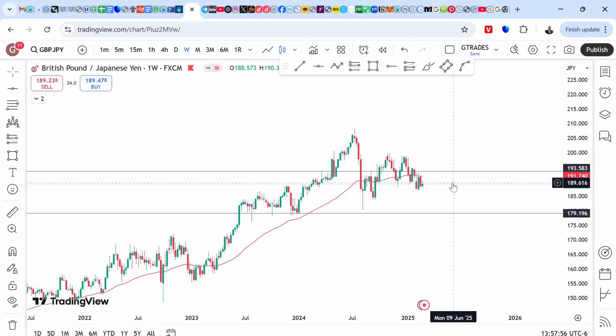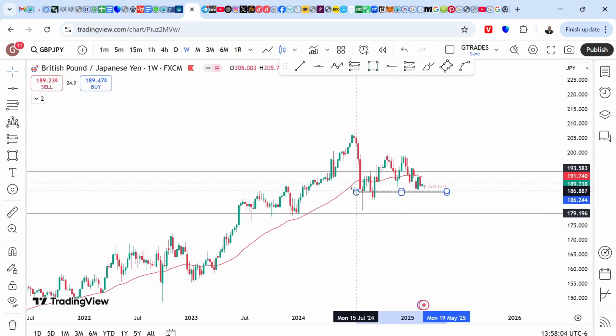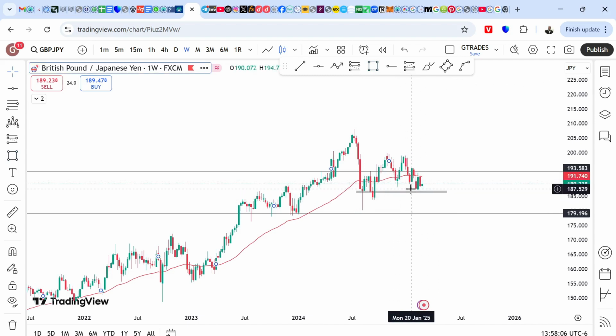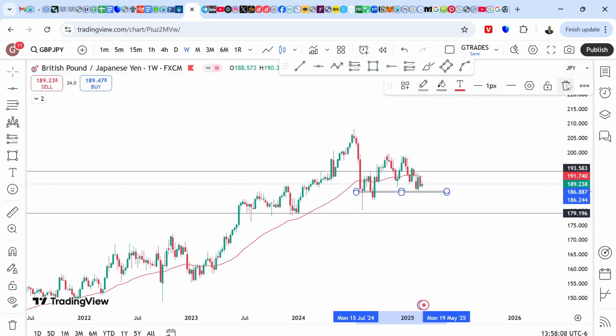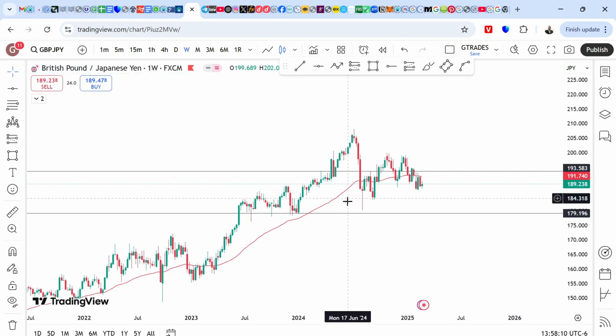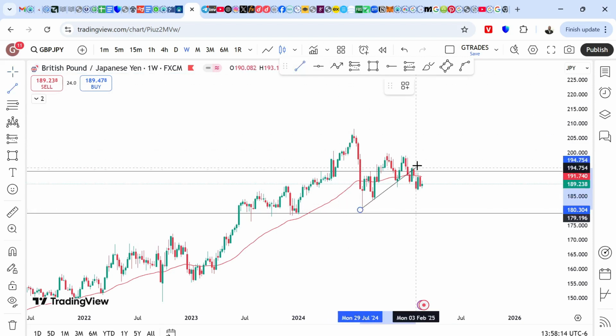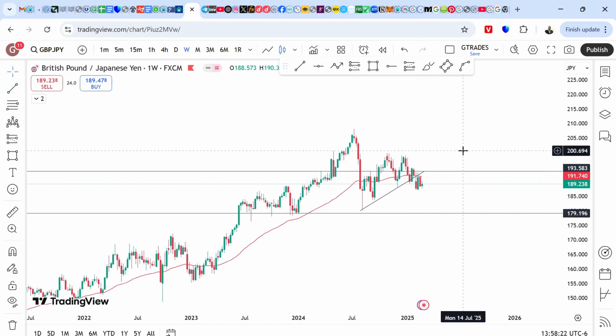But right now what I'm seeing is that price is respecting a level here, which is a support. Or you can also use a trend line to get your chart properly. You can see price broke out of this trend line, which lets you know that the bears are really having their time in the market, right?